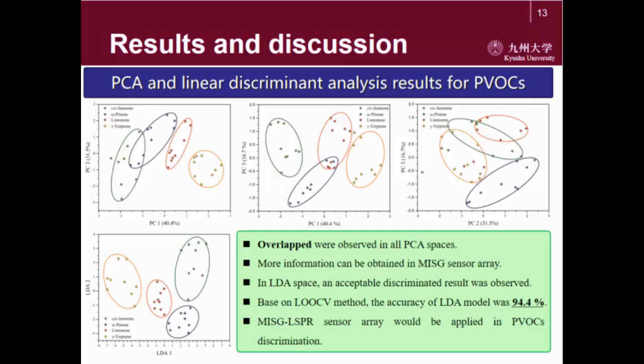And we can also find in PC2, PC3 space, alpha-pinene has an independent array. But in LDA space, an acceptable discriminant result was observed. Based on the leave-one-out cross-validation method, the accuracy of the LDA model was calculated as 94%. And the result indicated that the MISG LSPR sensor array could be applied in PVOC discrimination.